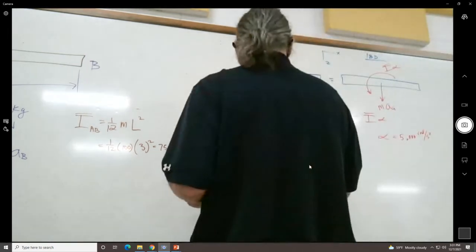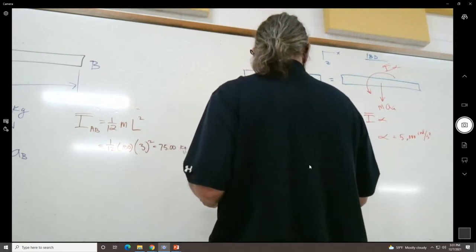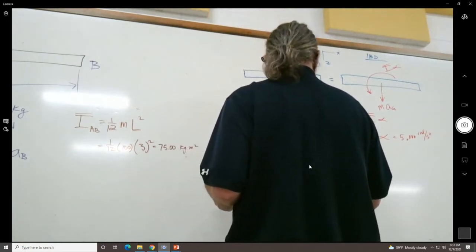Now we take the sum of the forces in the z direction equals mass times acceleration in the z direction.